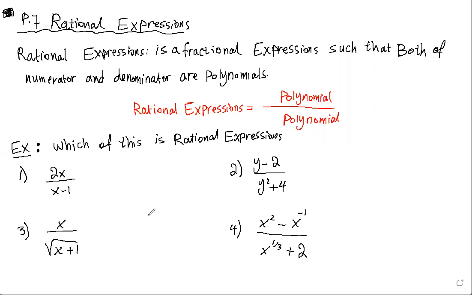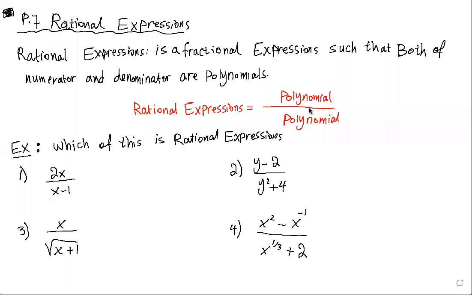The first one is a rational expression, and why? Who will solve the first one? So you have to check, is the numerator a polynomial? Is the denominator a polynomial?